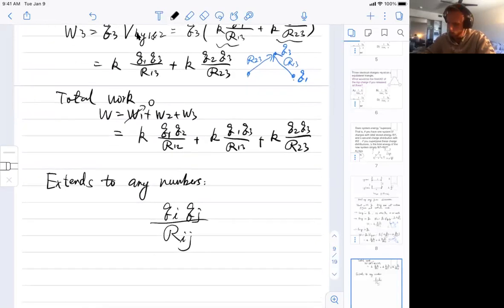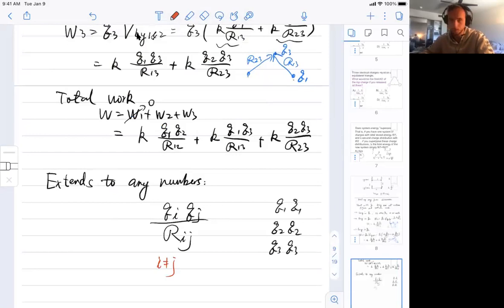But we have to be a little bit careful how we count it. We don't want to count the charge itself, right? We don't want to count Q1 Q1, Q2 Q2, or Q3 Q3. So that gives us one constraint we want to put on this configuration, that I is not equal to J. We don't want to count those self energies.